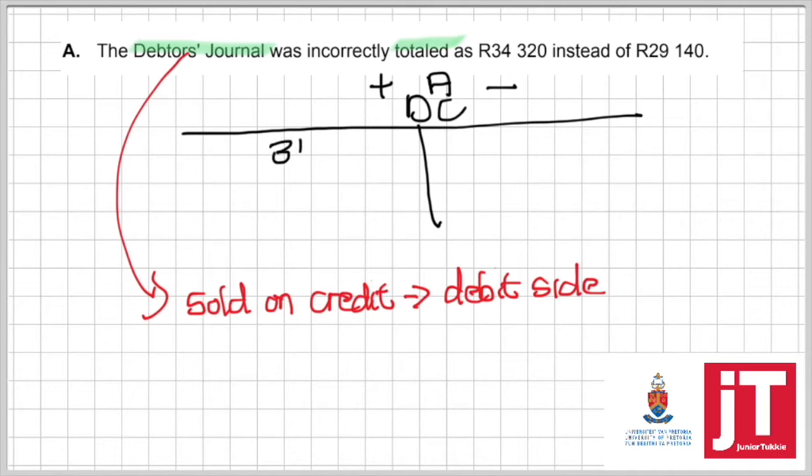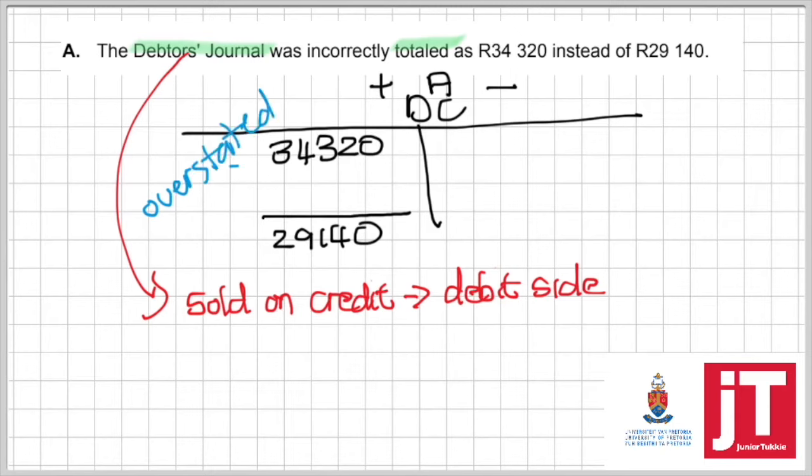So they've incorrectly debited 34,320 instead of 29,140. So we have overstated this total with 5,180. Overstated means that we've shown it as too much.